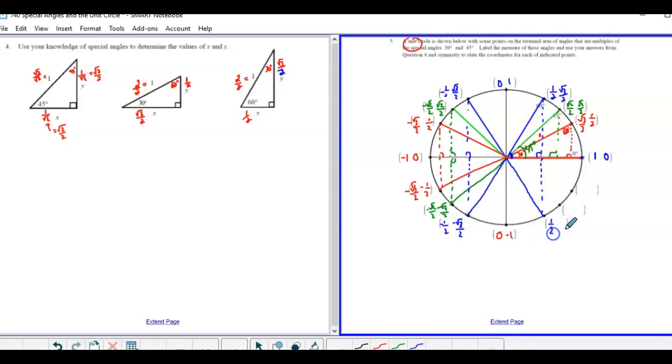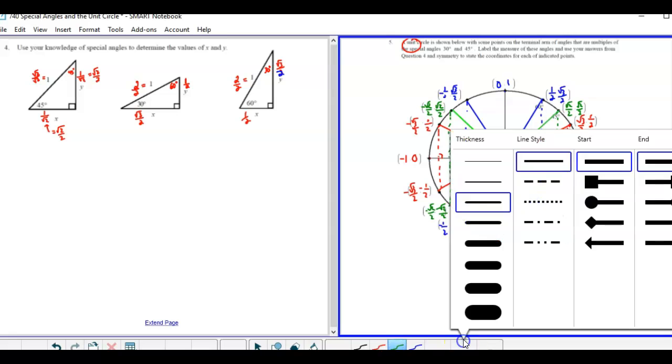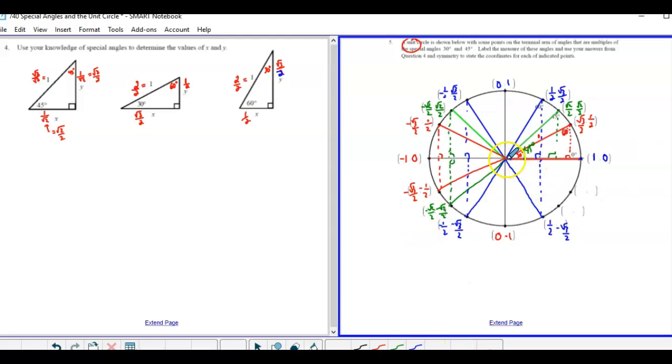Same x value and the y value has been reflected. Okay, then the green. Do that and draw. That's going to be the same, so √2/2, and then y is negative.